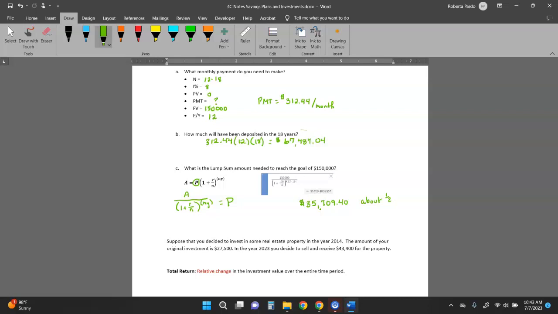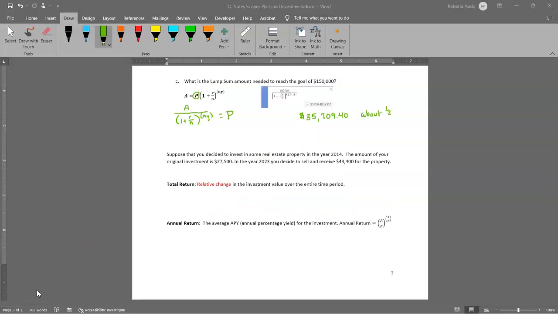So if you have $35,000, this is a much better way to get your $150,000. But if we can't afford just putting $35,000 into the bank, then we need this other option of $312 per month, and we'll still end up with the same amount of money after 18 years.